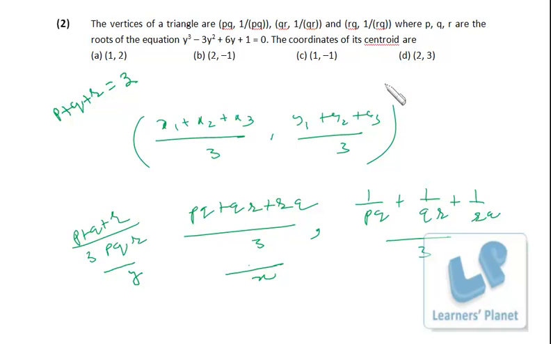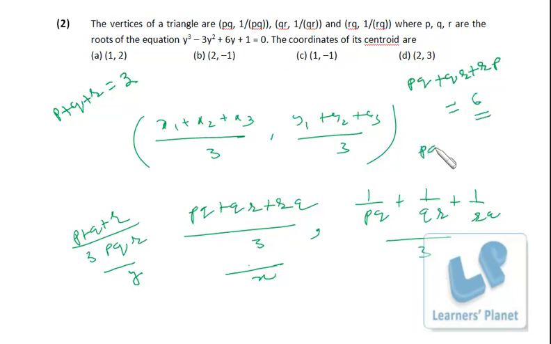Similarly, the coefficient of y will be the sum of the roots in pairs, PQ plus QR plus RP. So that is 6, and that is what we require, divided by 3. So PQ plus QR plus RP is nothing but the coefficient of y, so this is 6.